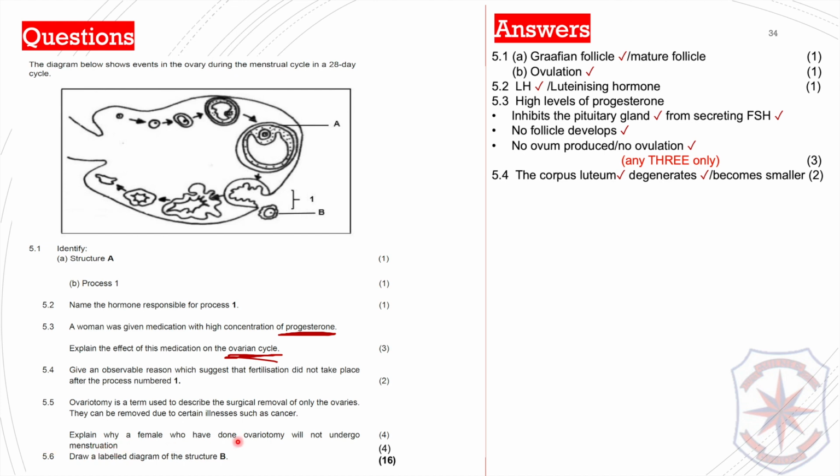Explain why a female who has done ovariotomy, sorry for that, ovariotomy will not undergo menstruation. So if you remove your ovaries, there will be no menstruation. Why? Okay?